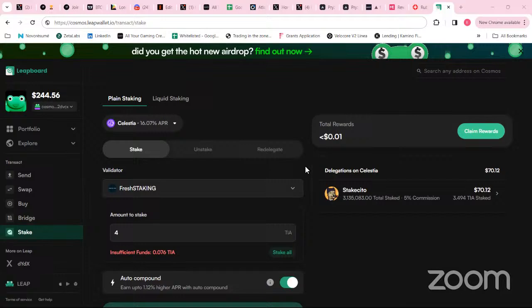So just make sure you're in the right circles, following the right accounts. And going forward, I'll also try to post any upcoming airdrops in the Telegram channel as well, for people to check their eligibility.